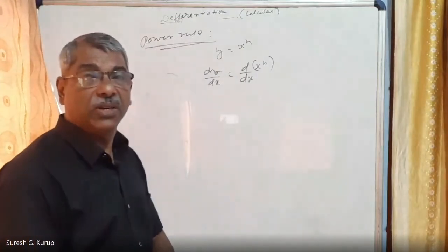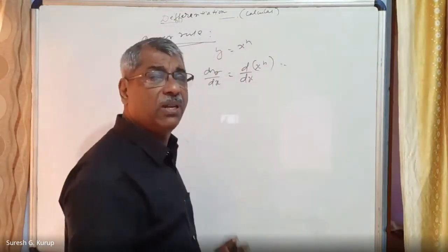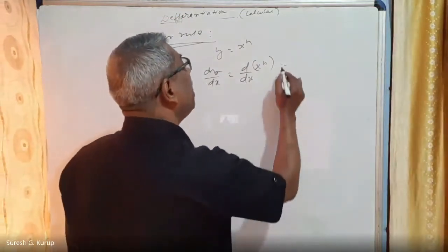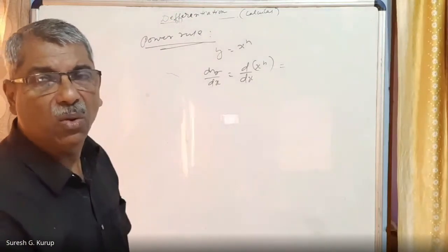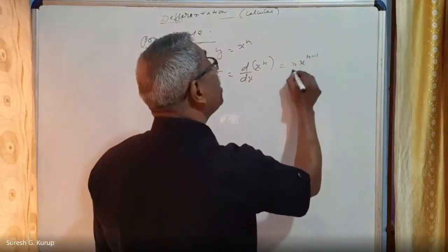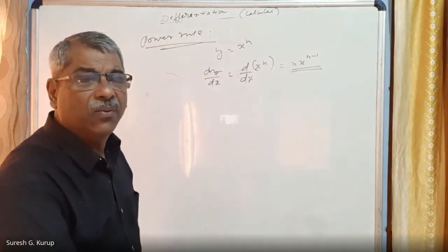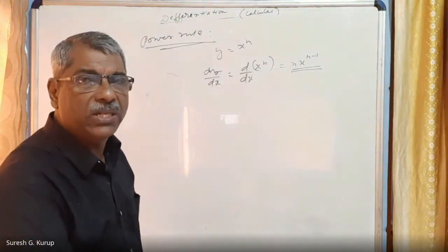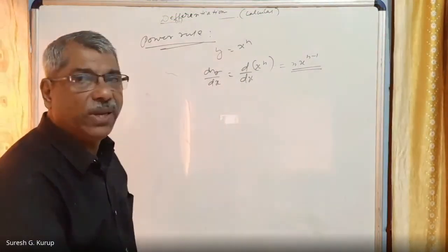This is a very important rule. Today itself you have to understand it, and also learn it by heart: d by dx of x raised to n is equal to n into x raised to n minus 1. Very, very important. Remember it from today onwards, never forget it.